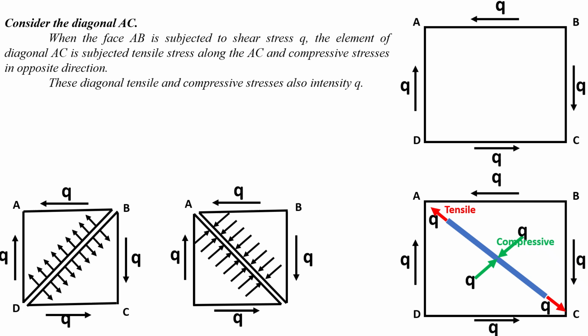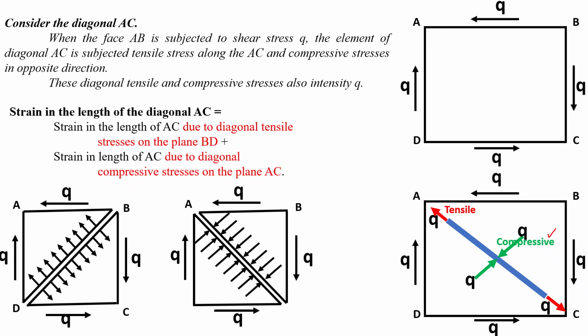So I have to observe in the picture. Here tensile stresses are acting along AC and compressive stresses are acting in the opposite direction. Moreover, these diagonal tensile and compressive stresses have the same value as the shear stress intensity, that is small q.